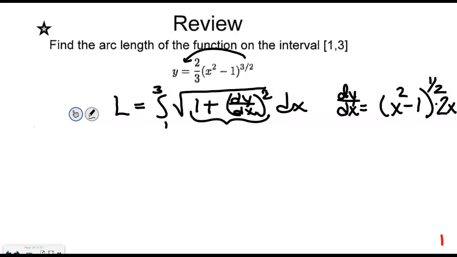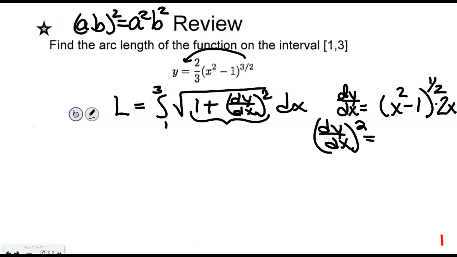Then I need to square it. When you square a product, you do them separately, whether it's super easy algebra or a little bit more complex part of a gigantic formula. I still square the pieces of the product separately. So when I square a square root, it's just going to give me x squared minus 1. It'll pop the 1/2 off.